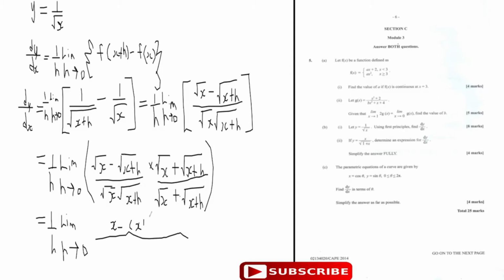So it is x minus x plus h over root x times the root of x plus h, times root x plus root x plus h.